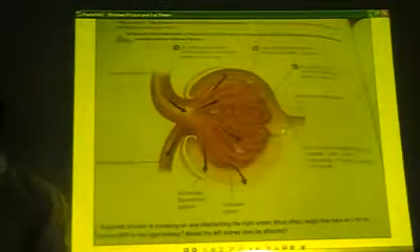If you see the diagram, remember there are smooth muscles present in your afferent arteriole. These smooth muscles themselves act as receptors of blood pressure. They are muscle cells, so they can contract and relax.